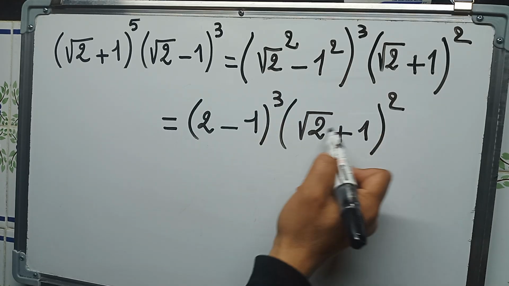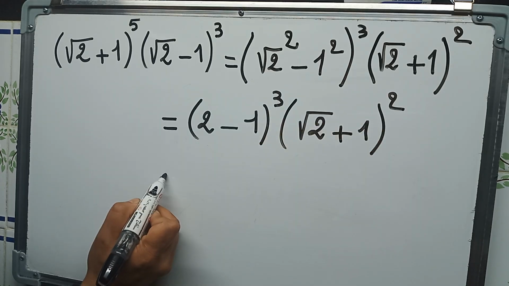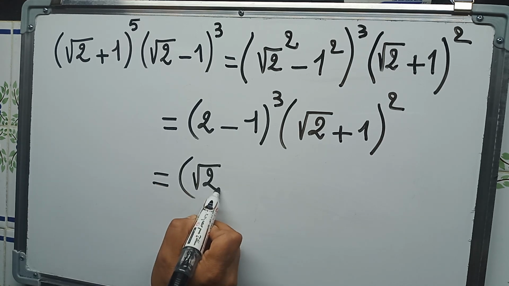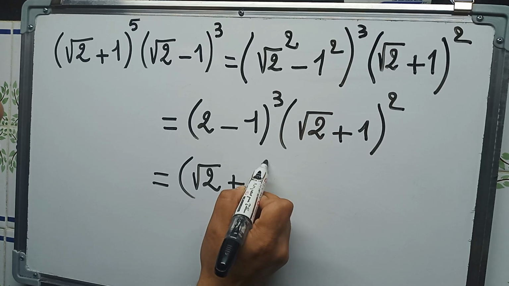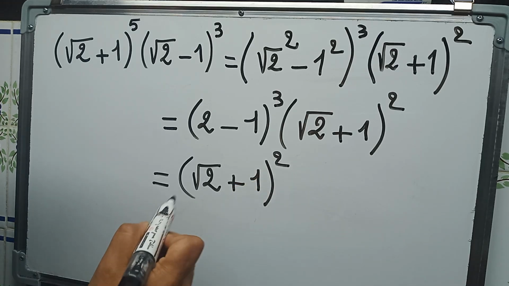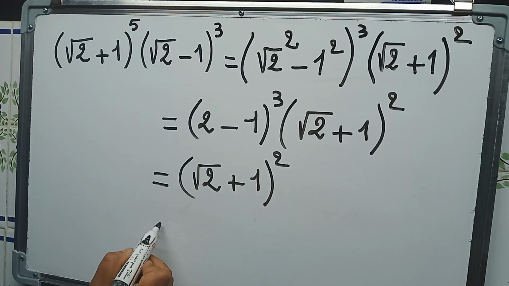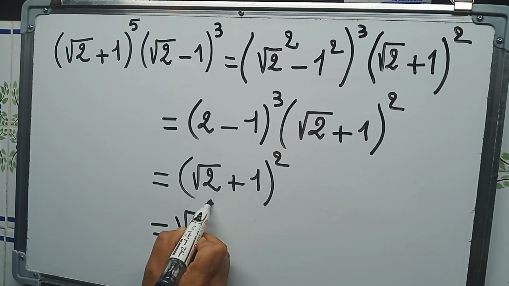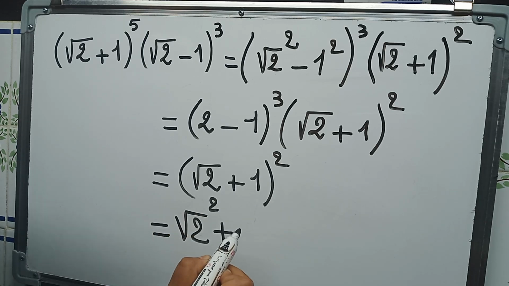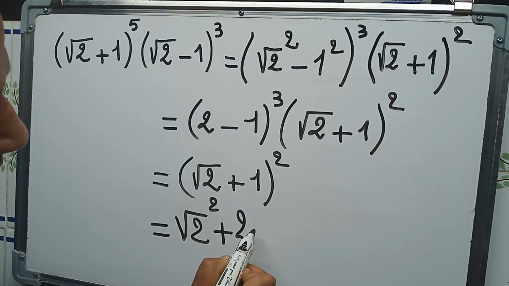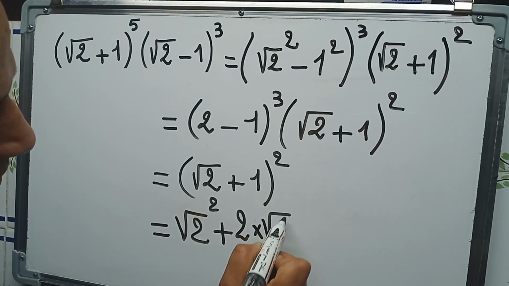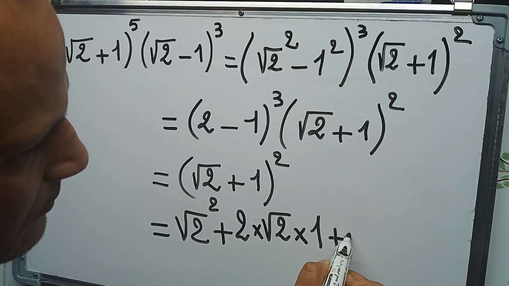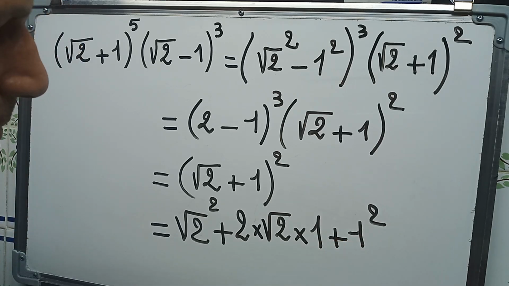And 1 times this number is just this number. So it's equal to square root of 2 plus 1 squared. And here now we can expand since it's just a simple number. It's square root of 2 squared plus 2 times square root of 2 times 1 plus 1 squared.